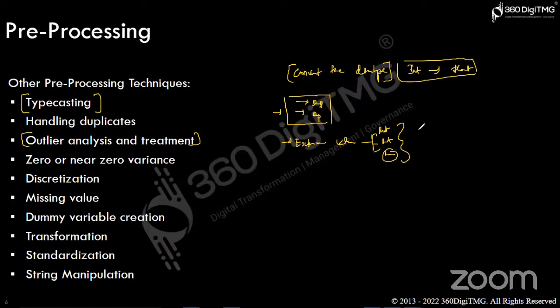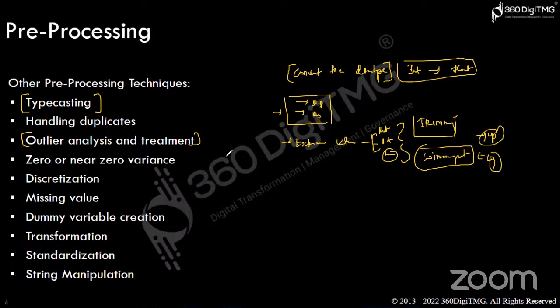We have some methods like trimming, which helps in removing the outliers. We also have a method called winsorization, in which we replace the values with the upper limit or lower limit values. So we are going to retain these values.